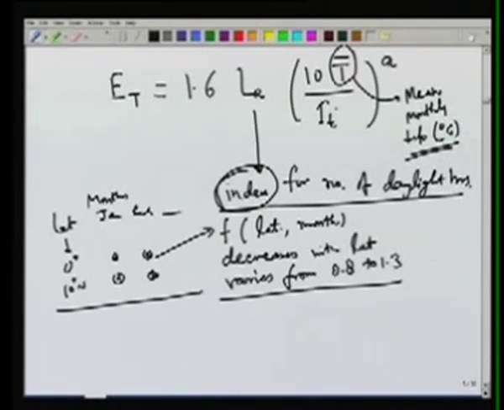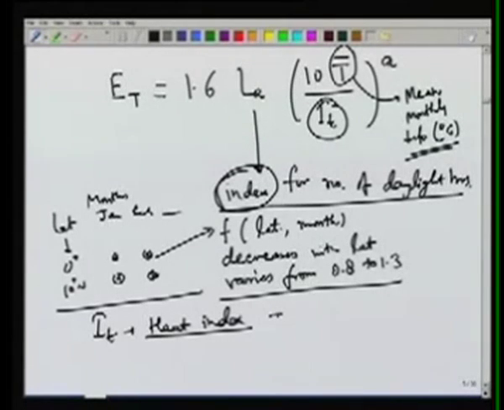The other term, I_T, is a heat index, and this is defined on the basis of the mean monthly temperature, summation over all the months, where T bar again is the mean monthly temperature for the month i.